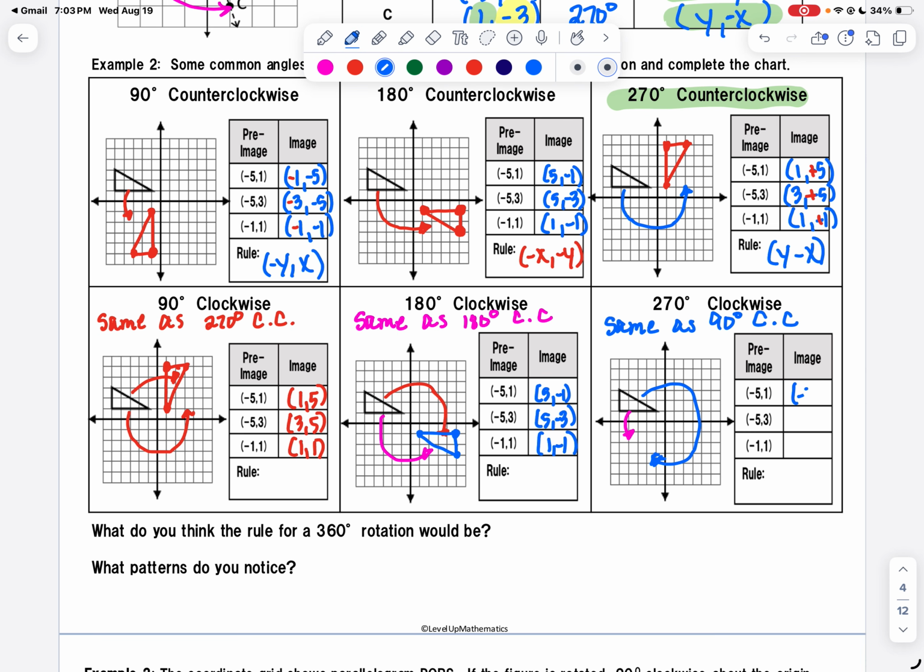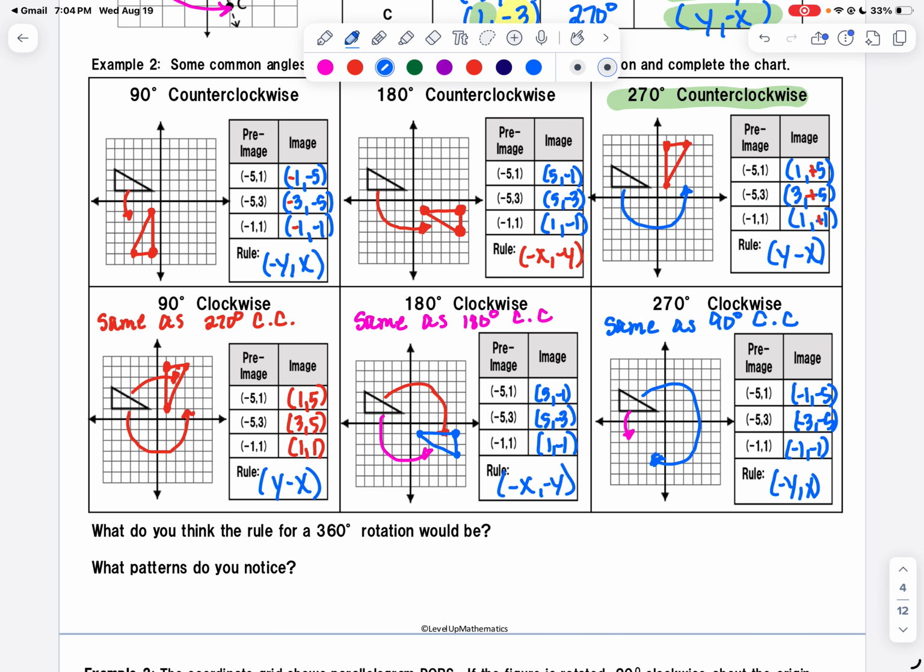I'm just going to copy from my top row here, negative 1, negative 5, negative 3, negative 5, negative 1, negative 1. Oh, and I forgot the rules here. Opposite y, x. This rule was opposite x, opposite y, and y, opposite x.